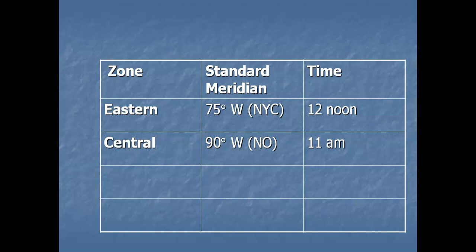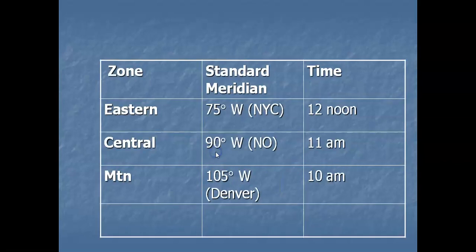It's going to be centered on a standard meridian, and we add 15 degrees to 90, moving farther away. The center line of the Mountain time zone is 105 west longitude. It runs through Denver, and it's getting earlier, so it's 10 a.m. And then the final time zone of the lower 48 is the Pacific time zone.